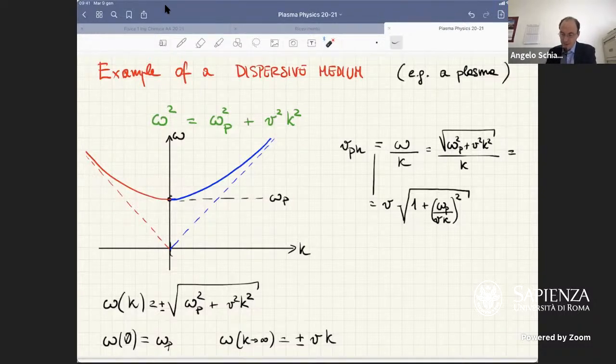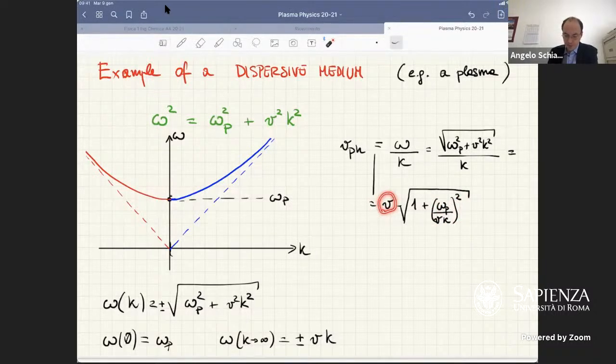And we see that when k goes to infinity, this term goes to 0, and the phase velocity approaches v.